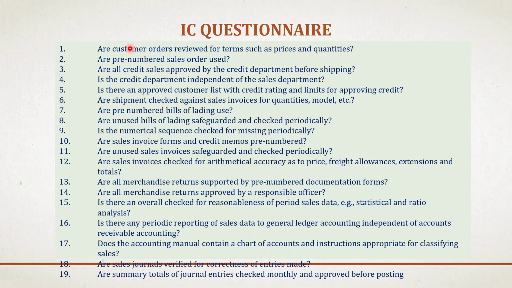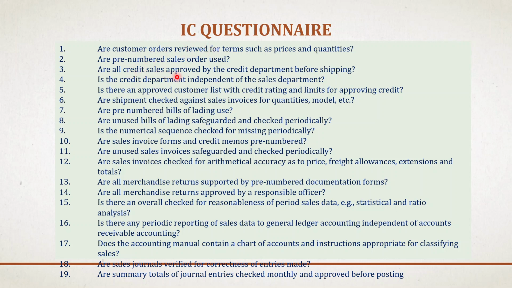So in a way, we are testing the previous assertions that have already been mentioned. For instance, the customer order is reviewed for the terms such as price and quantity, and pre-numbered sales orders are being used. So these are testing on the control of the pre-numbered documents, and these are testing on the review process.